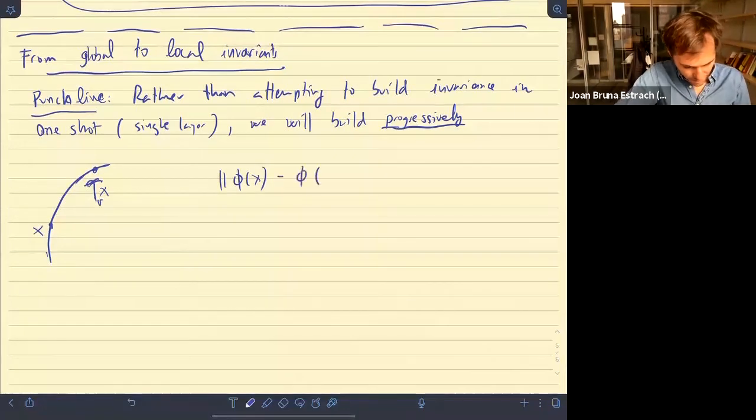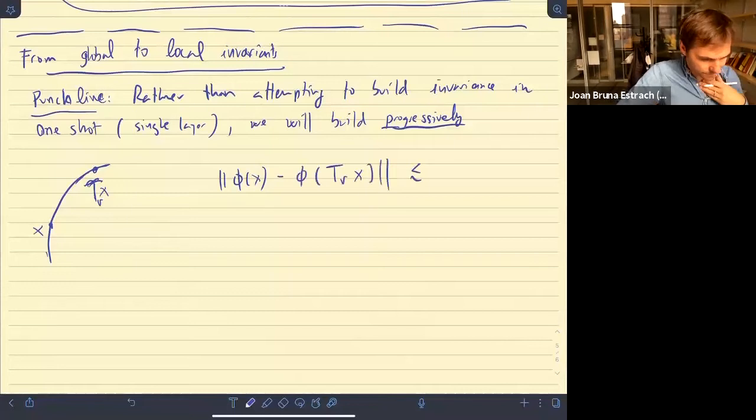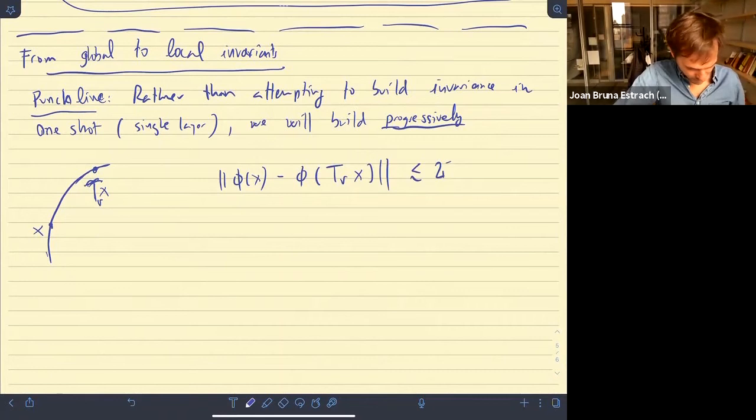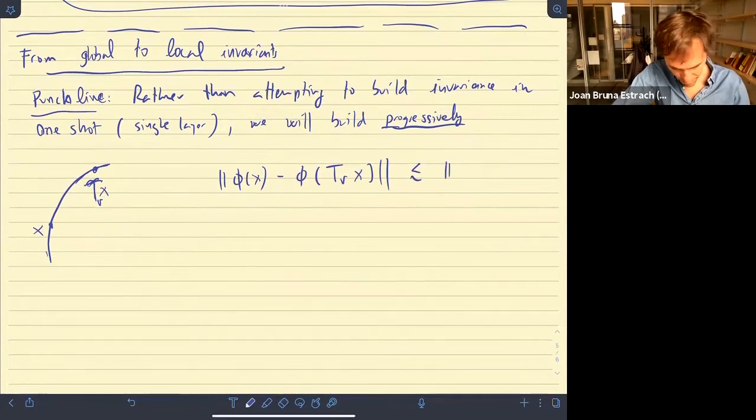So I could start by trying to build a representation phi such that this difference is of the order of a constant, 2 to the minus j, times v.